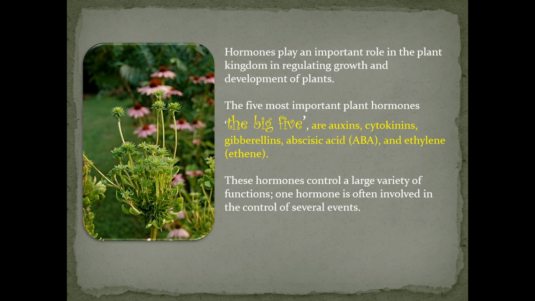The five most important plant hormones, the big five, are auxin, gibberellin, cytokinin, abscisic acid, and ethylene or ethene. These hormones control a large variety of functions, and one hormone is involved in the control of several events.